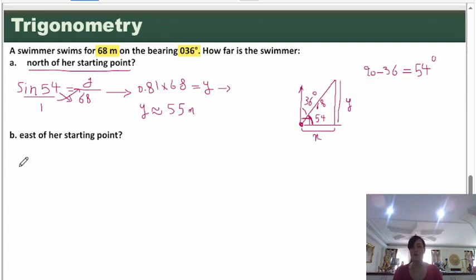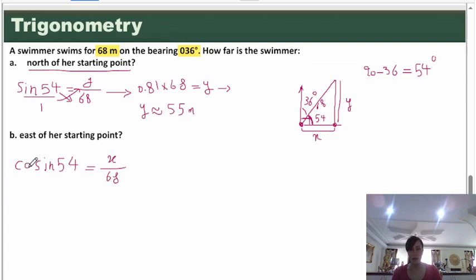Anyway, I will go for part B, east of her starting point. That means I am going to find x, the east distance of the finish point from the start. For x, I can use the cosine formula: cosine of 54 equals the adjacent side, which is x, over 68.